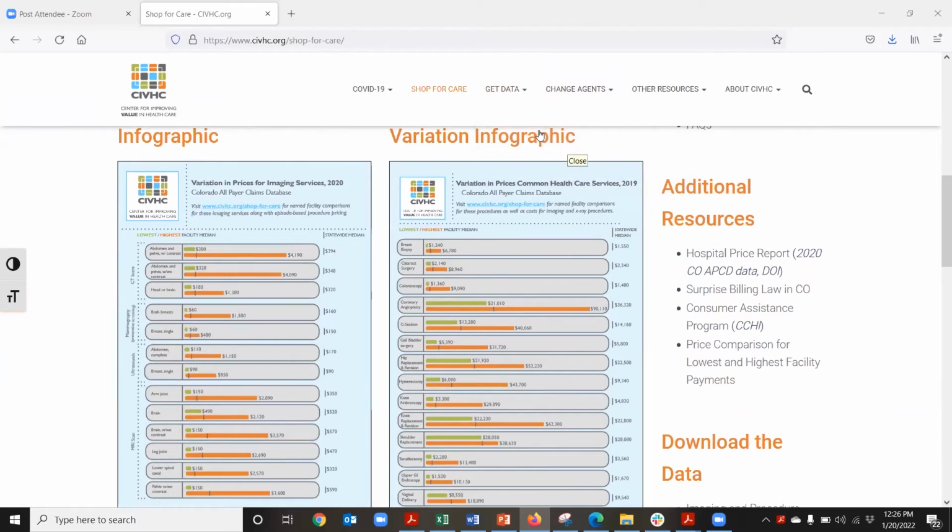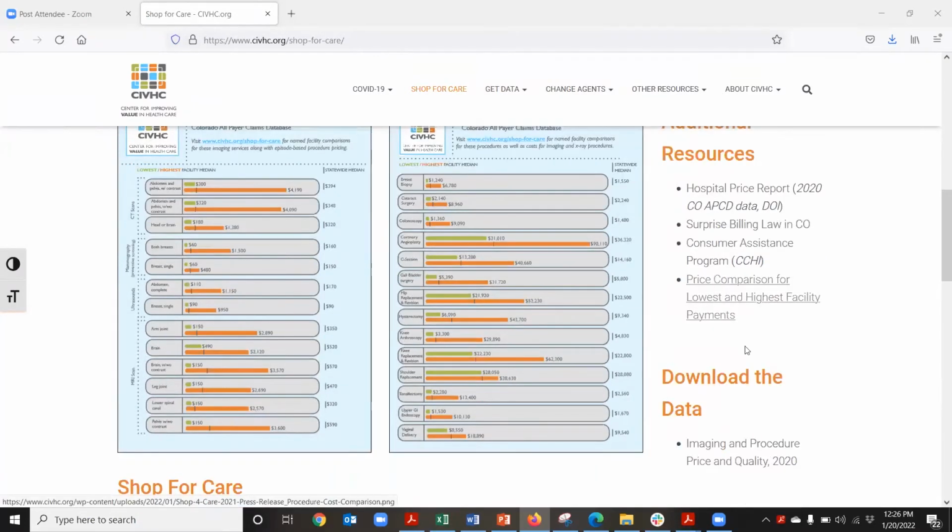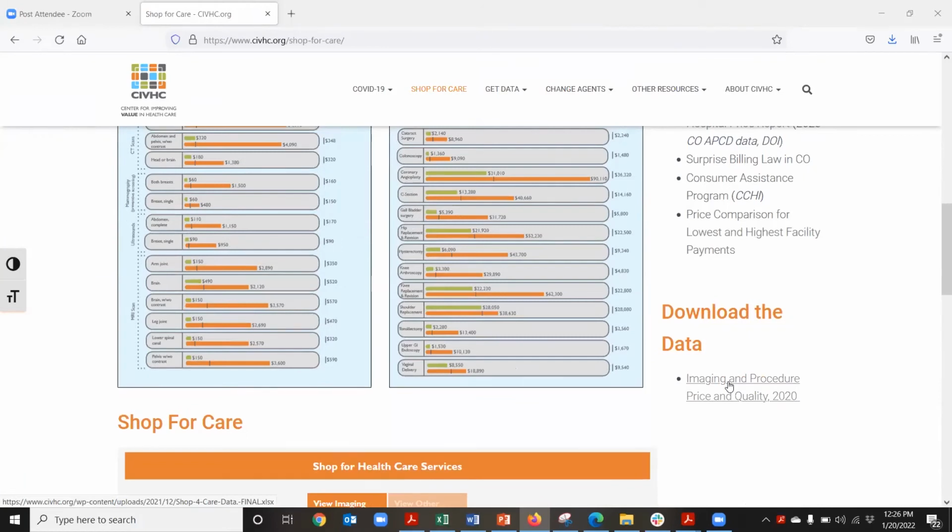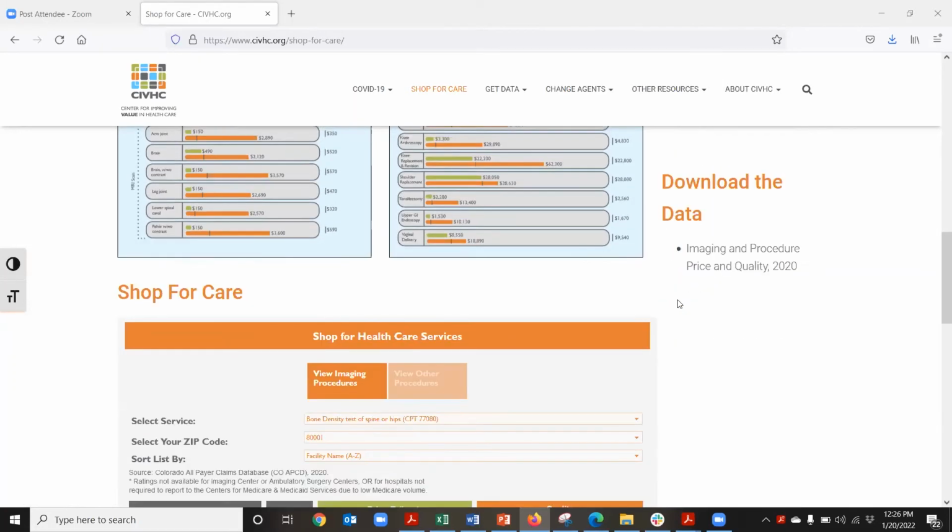And then if you keep going down, you are gonna find a link that says download the data. So here you can download a spreadsheet with all the information that you find in the interactive report. And that's great because if you use the data, probably you want access to data that you can manipulate, and you can just download that.